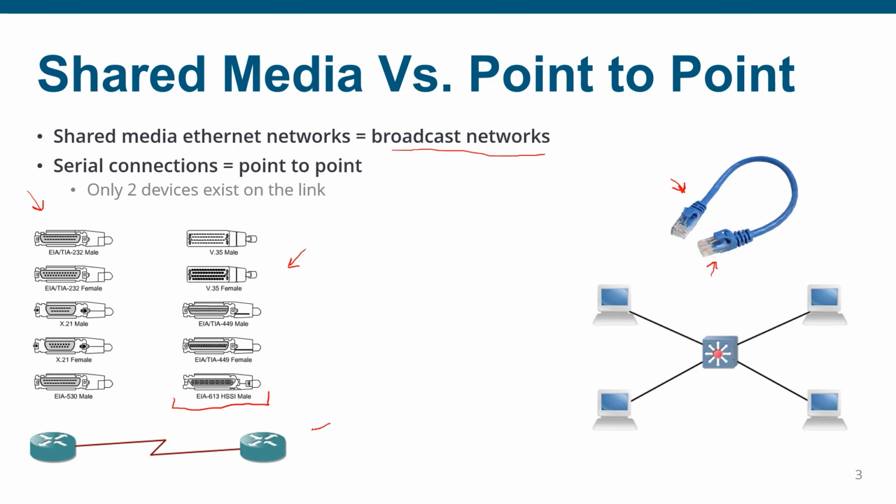And the diagram indicator here for a serial connection is this lightning bolt style link. Although this is not necessarily standard, not all diagrams will show a serial connection using this lightning bolt style connector. However, many will. This is a very common way of representing a serial connection between devices.